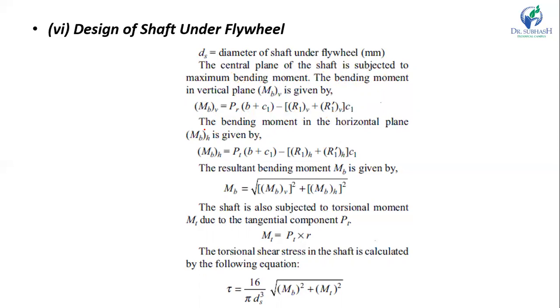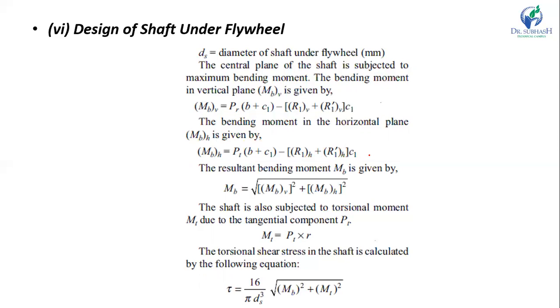And the bending moment in the horizontal plane, MBH, is equal to PT into (B plus C1) minus (R1H plus R1 dash H) into C1.